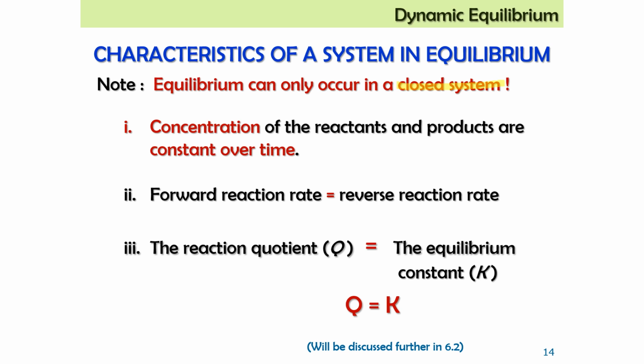So, characteristics of a system in equilibrium: the concentrations of both reactant and product must be constant over time, if you look at the graph, and the forward reaction rate is equal to the reverse rate, and the reaction quotient, which we represent with the symbol Q here, is equal to the equilibrium constant K. So for now, just take note of this, factor number 3, and we will see this in 6.2 later.